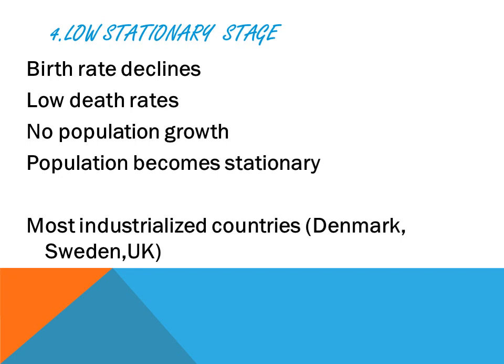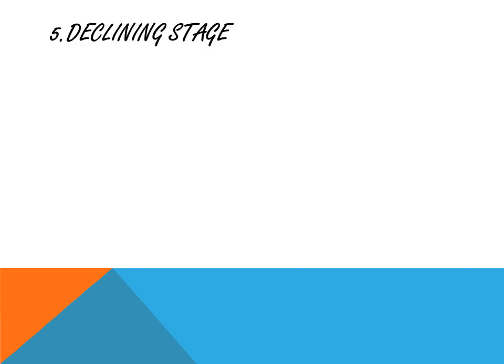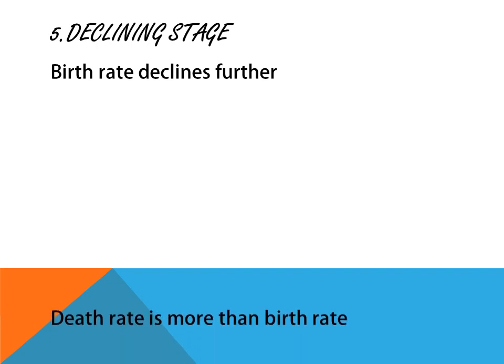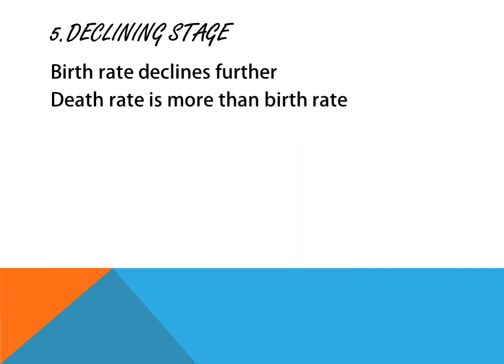Then comes the last stage. Last stage is the declining stage. And this is the fifth stage of the demographic cycle. What happens in this stage is that population begins to decline. Why? Because birth rate further declines and the death rates are somewhat same, but death rate is still more than the birth rate.